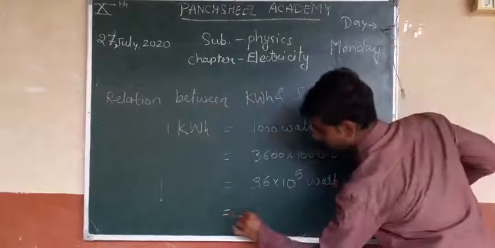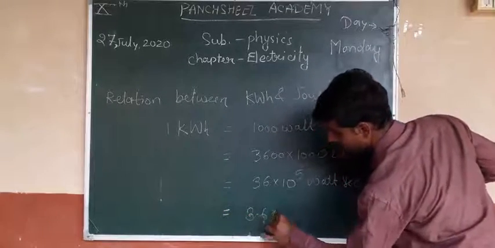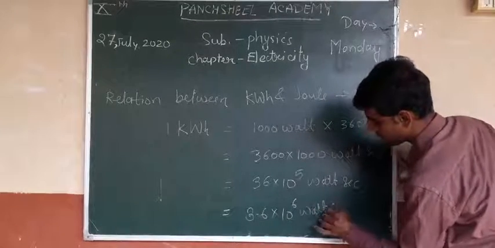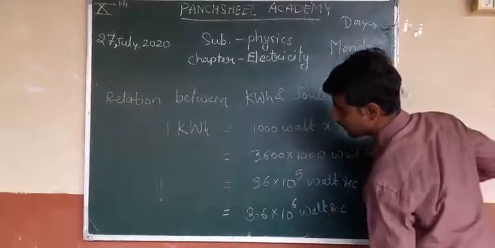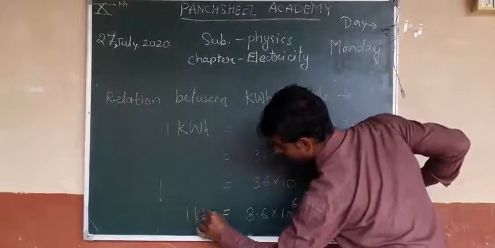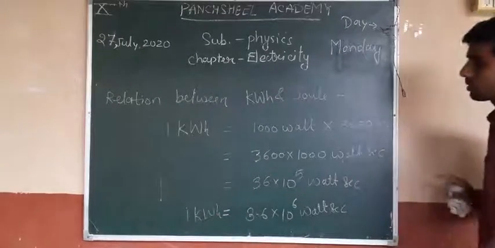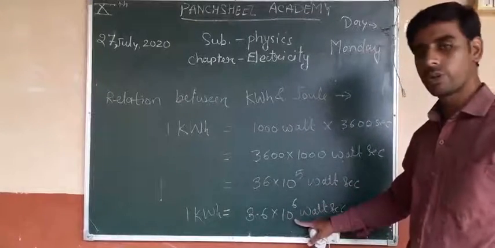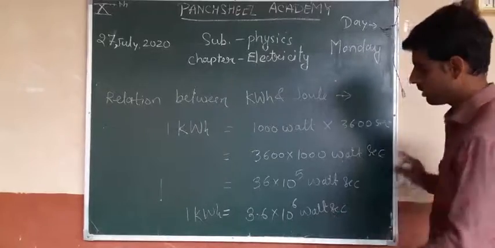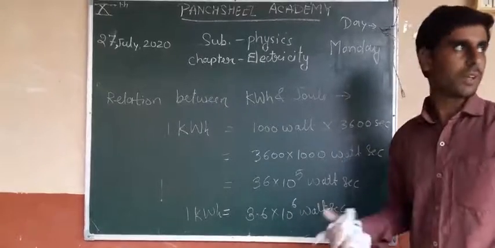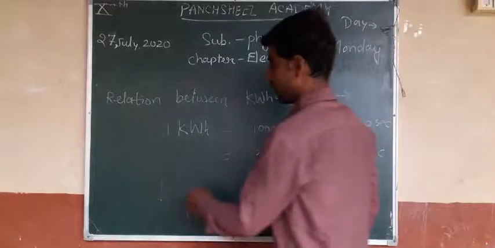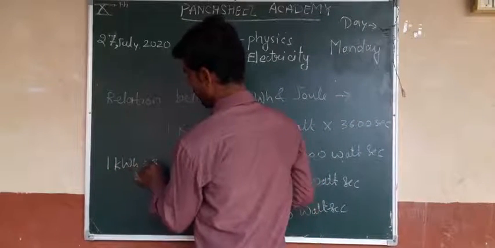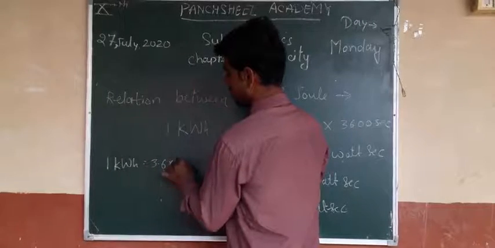If I write 3.6 into 10 to the power 6 watt second, this is the 1 kilowatt hour, or in place of watt second we can write joule. So what is the important relation? 1 kilowatt hour equal to 3.6 into 10 to the power 6 joule.